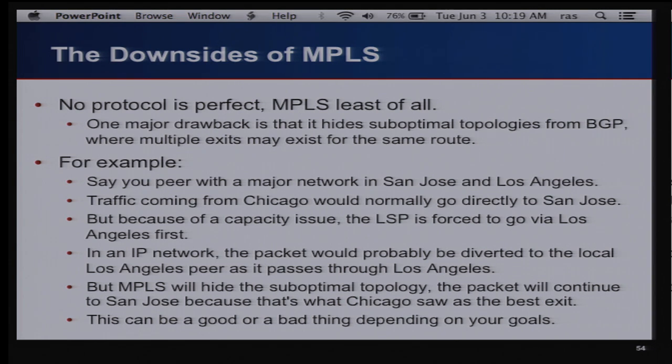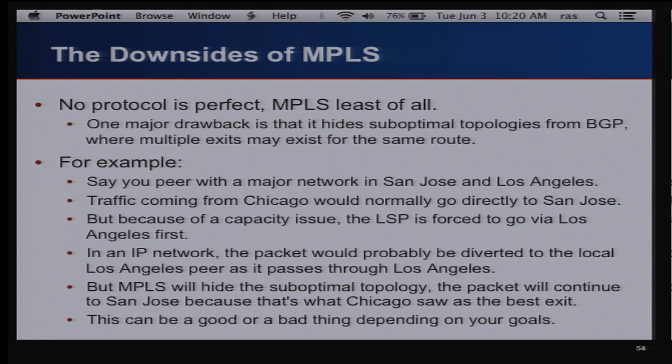And so your normal best path from Chicago would be to go directly to San Jose. But because of a capacity issue, that Chicago to San Jose path is full. And so MPLS decides you need to move this via Los Angeles. So you have to go all the way down to Dallas, over to Los Angeles, and then up to San Jose. The traffic doesn't know, hey, I've actually got a local exit in Los Angeles, I could use that.